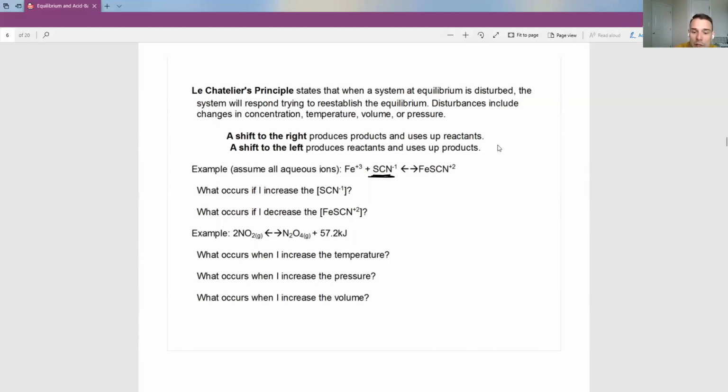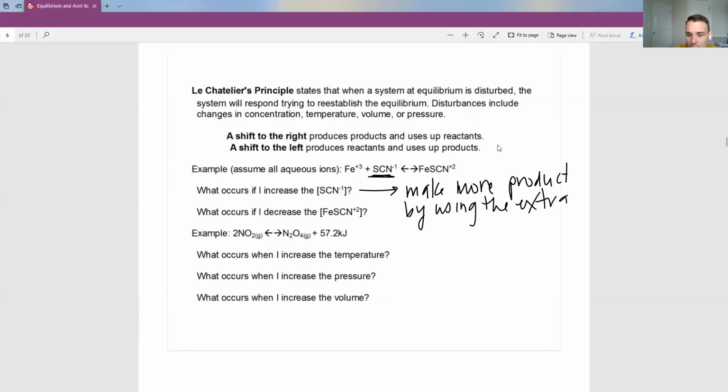In order to use it up, I shift to the right. What's going to happen? I make more product, which is why it shifts to the right, by using the extra reactant. So you use that extra reactant up, it shifts to the right to make more product.